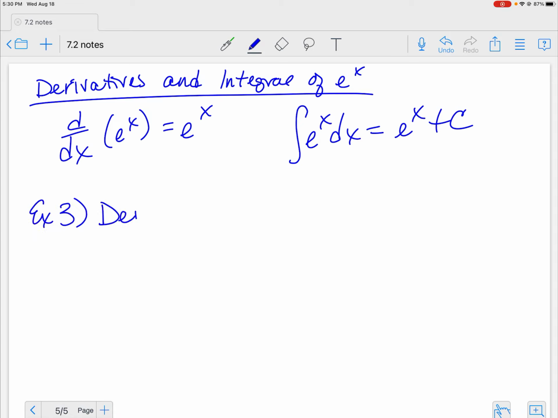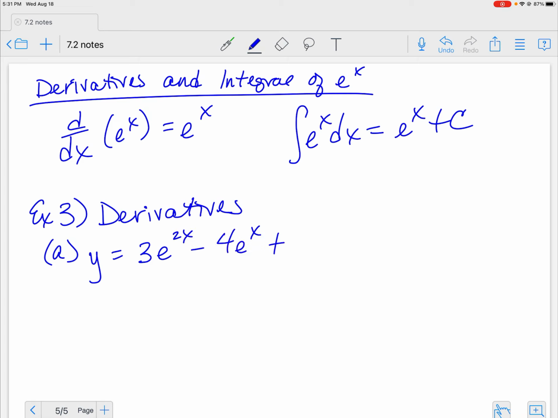Let's do this. Let's take some derivatives here out of example 3. I have part A. Y is equal to 3e to the 2x minus 4e to the x plus e to the negative 3x.